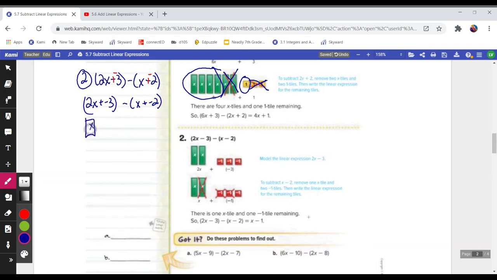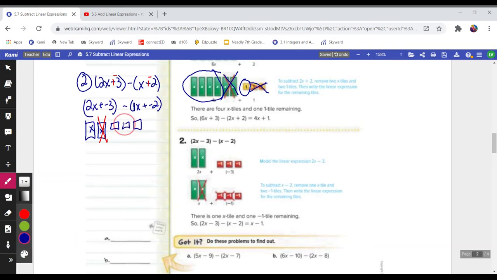So I'm going to create my 2 x's and my 3 negatives. So I'm going to take away 1x. And then I'm going to take away a negative 2. Or I apologize, I'm taking away 2 negative 1's. And I had a minor little miss right here.